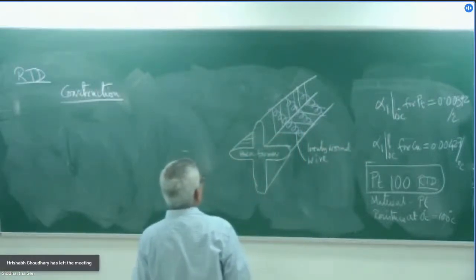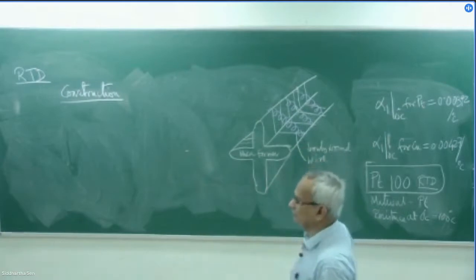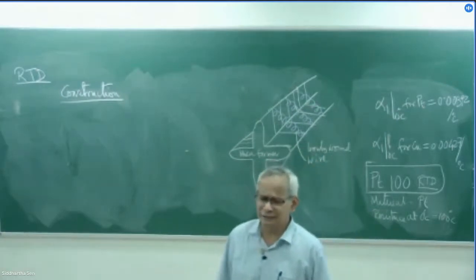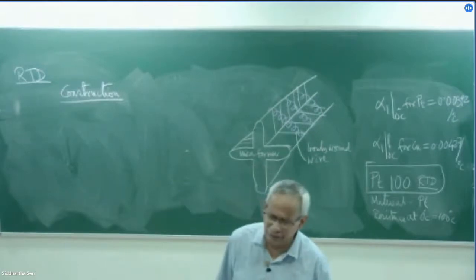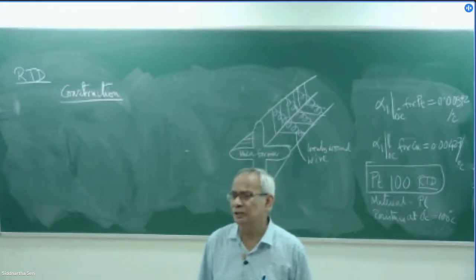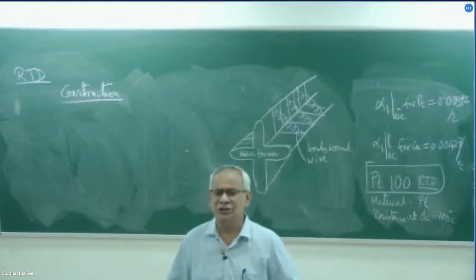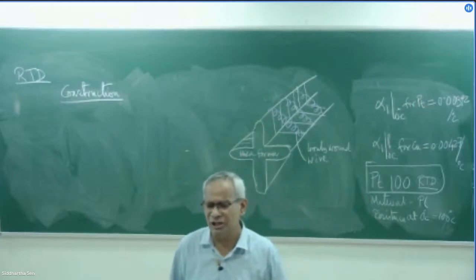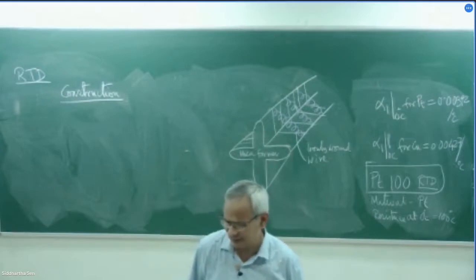So why do we say loosely wound wire? Because if the temperature changes, the dimension and length of the wire also change. We need to make sure that the length change does not cause any strain, because with strain the resistance changes again.